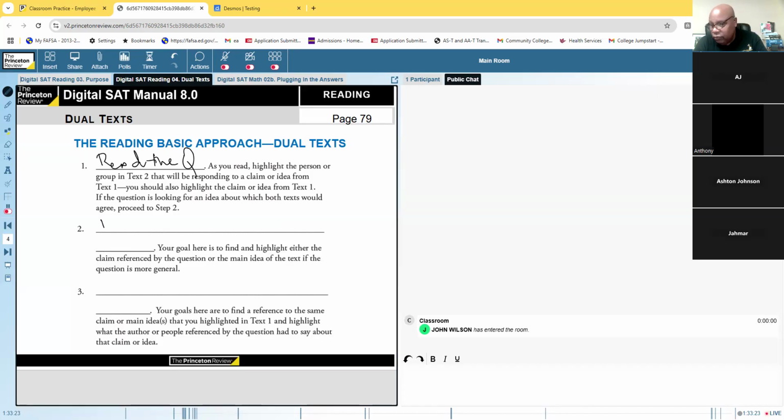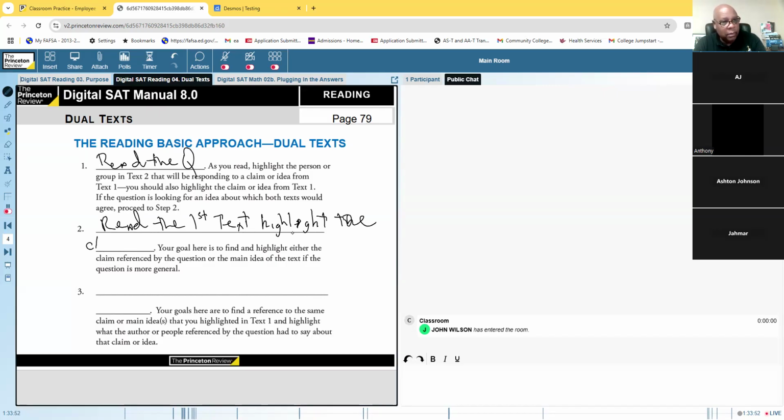So number two says read the first text. So you read the question, you read the first text. There's going to be two texts, there are two paragraphs, I must call them. You read the first and you highlight the claim. Or you note it, right? You have a highlighter too, you might as well use it. Highlight the claim. What are they claiming?